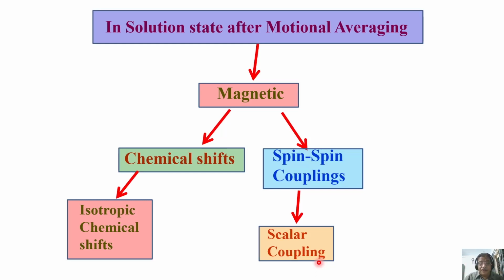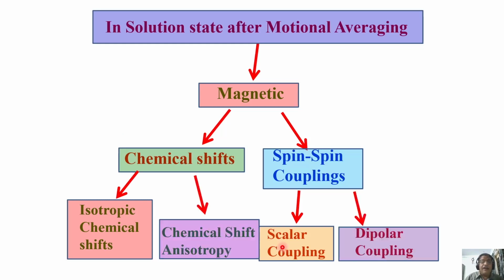This motional averaging has no effect on the scalar coupling. That is why it is called scalar coupling. We'll talk about it later. So these are the two parameters which we are left with.